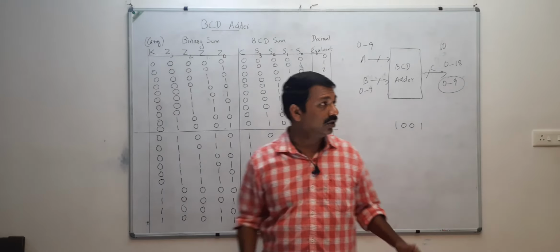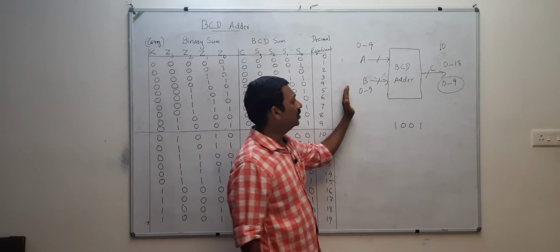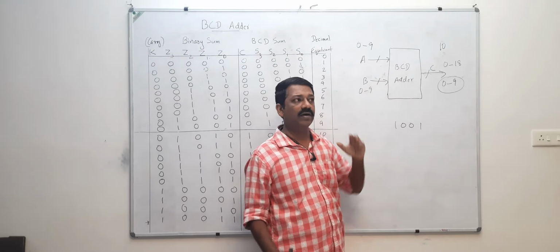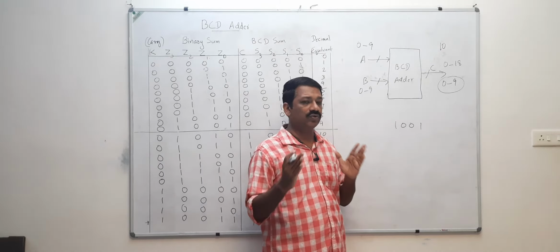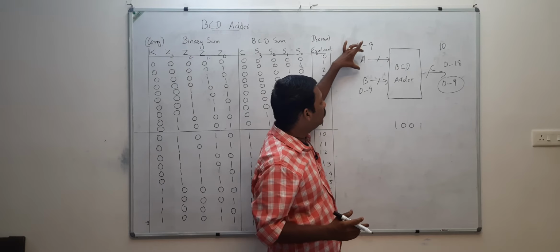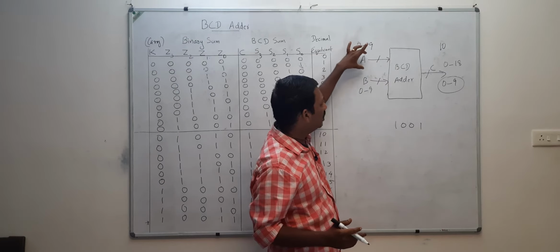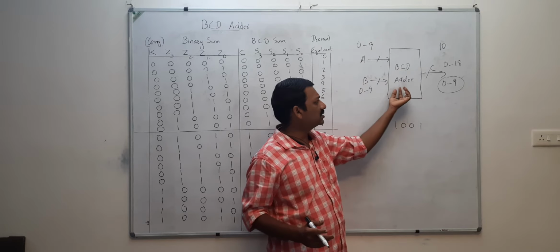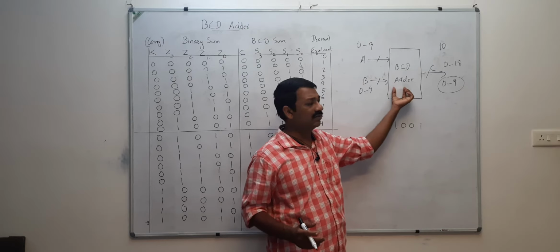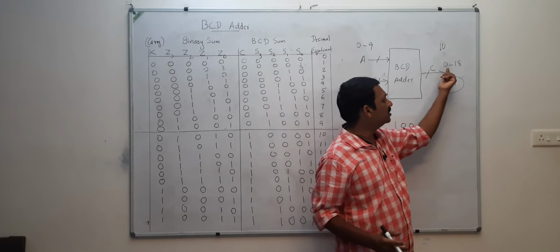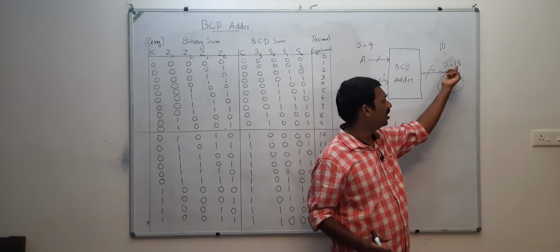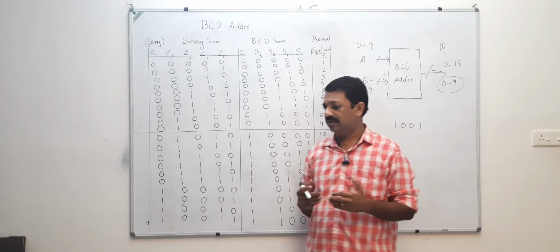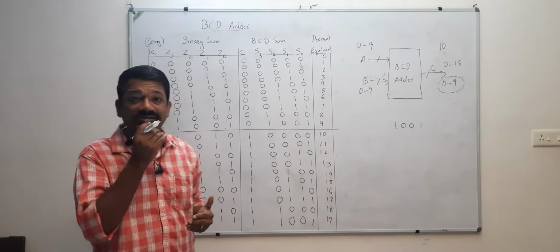That means you have two numbers which are in binary coded decimal. If it is a BCD number, that number is from 0 to 9. Once you give two such numbers as input to a BCD adder, what will happen? The result can be 0 to 18, and after the summing operation, you have to make some arrangements.